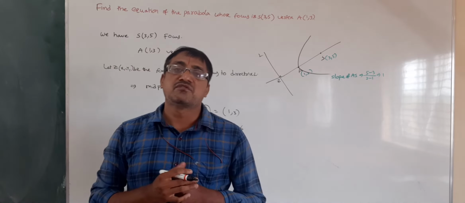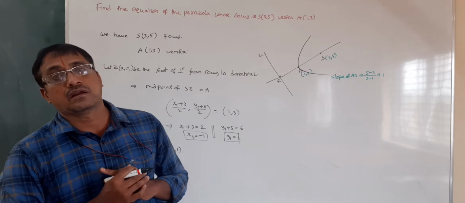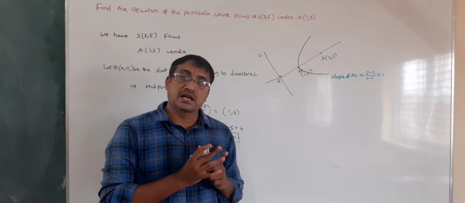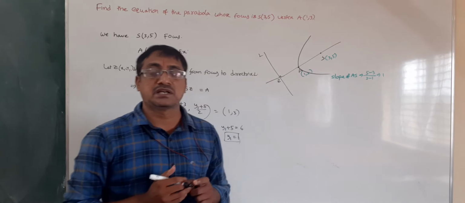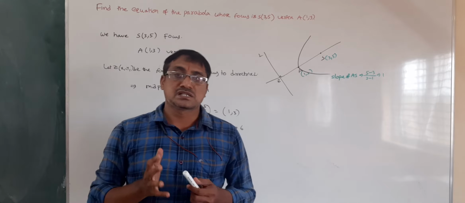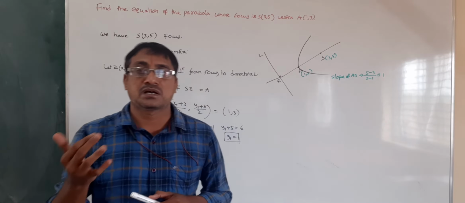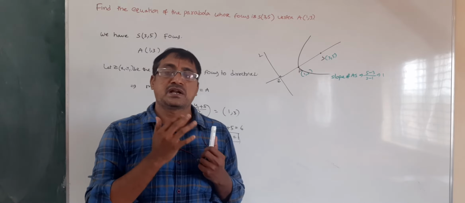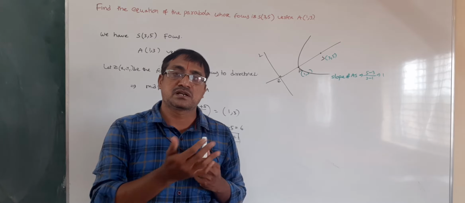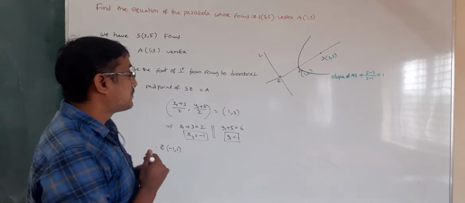What is the use in finding capital Z? Now you can see the directrix is passing through the foot of perpendicular Z, and the directrix is perpendicular to the axis of the parabola. That is what we know about the parabola: the directrix is always perpendicular to the axis of the parabola.